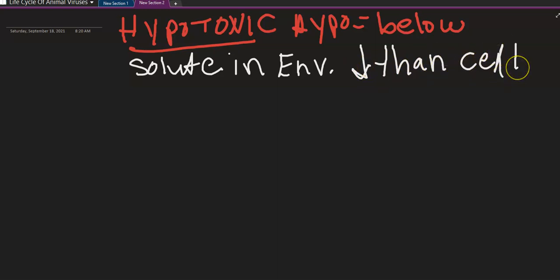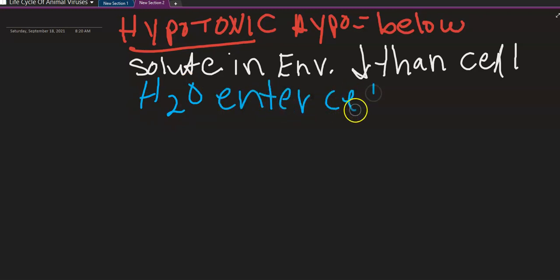Okay, it's going to be lower than in the cell. And our water is going to enter the cell. So let's see what that looks like, okay?